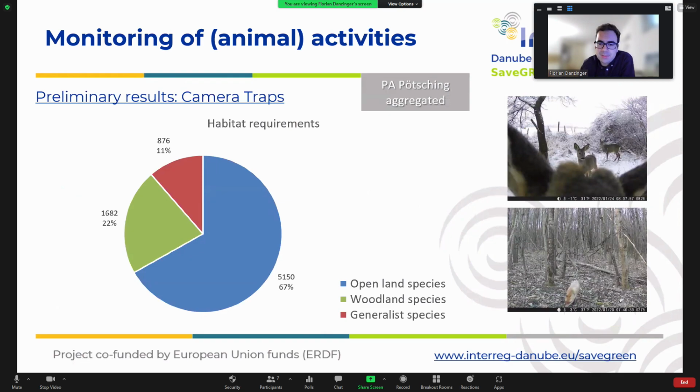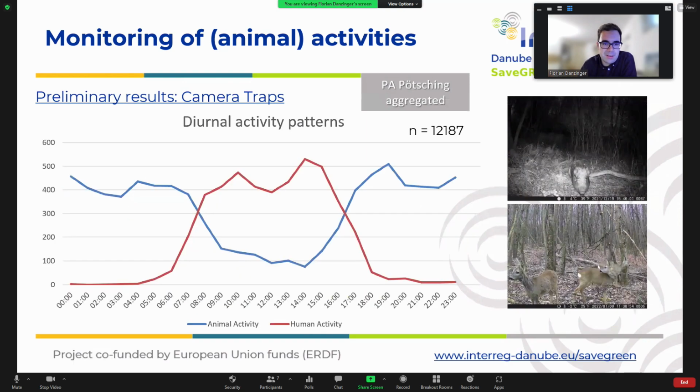We then tried to aggregate these many species to species groups to represent the habitat requirements of these species, and to have a simpler look at the data that we collected. And so we had these groups of open land species, woodland species, and species that use habitats of woodland and open land to run the further analysis.